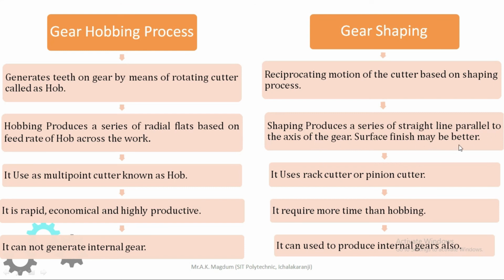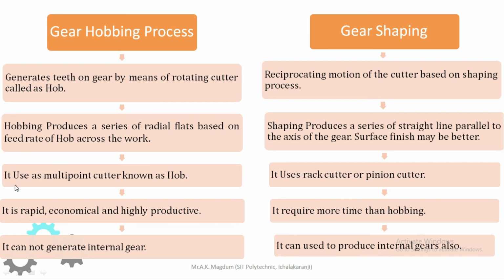Surface finish may be better, but the basic difference is that hobbing produces a series of radial flats, while gear shaping produces a series of straight lines parallel to the axis of the gear. So that is the basic difference between gear hobbing and gear shaping.